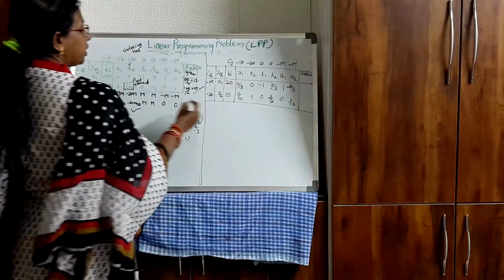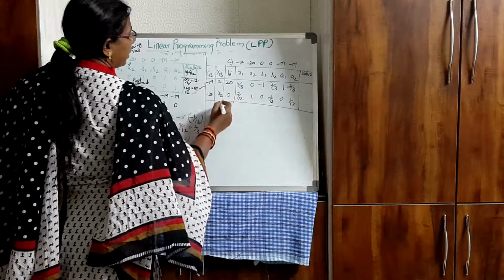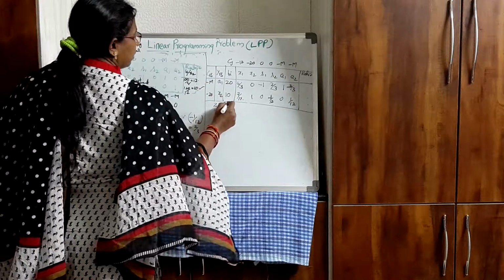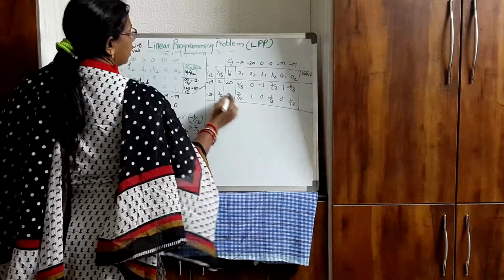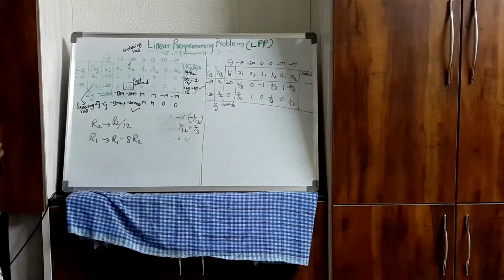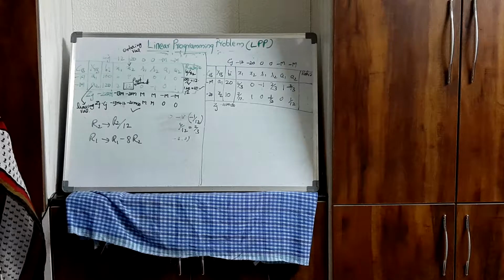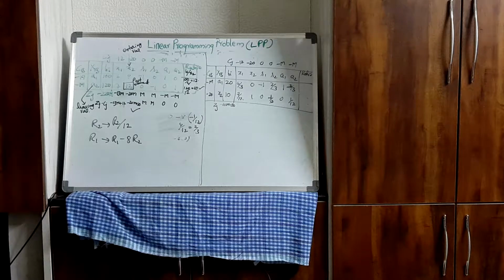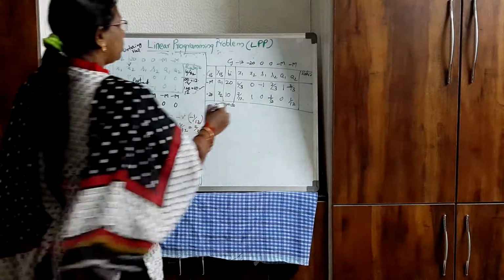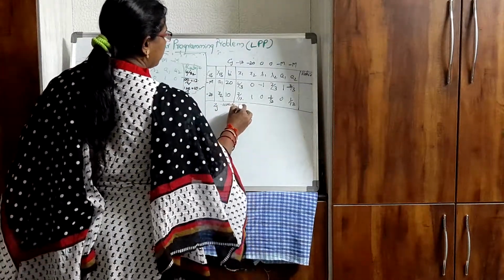Okay, now you find Zj. Zj will be minus 20m minus 30. So minus 20m minus 30. This will be minus 4m by 3 and plus minus 20 into 7 by 12. So this will be, I'll write here, minus 4m by 3.